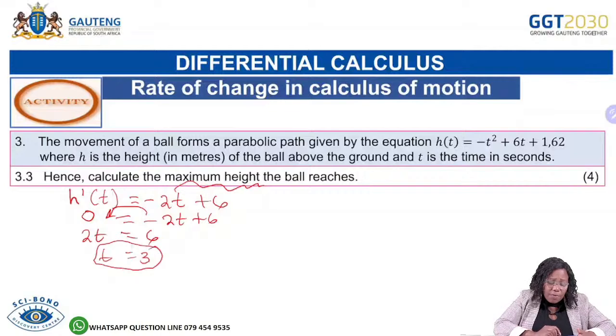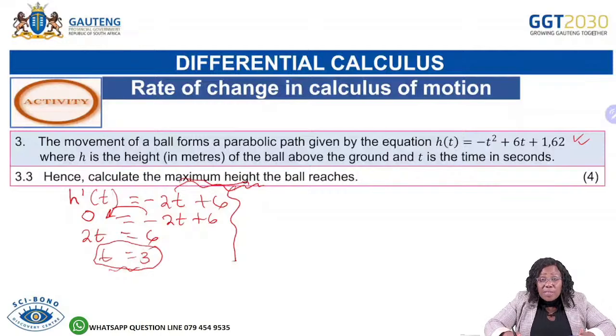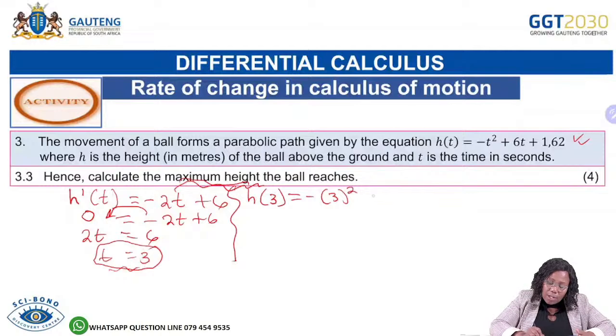Up to this far, we have just calculated the time at maximum, but we are looking for the maximum height. Same method, we are going to substitute this t into the original. You remember when you are doing a stationary point, to find the y value, substitute into the original. We are doing the same, grade 12. h at 3 into the original: minus 3 squared plus 6 times 3 plus 1,62.